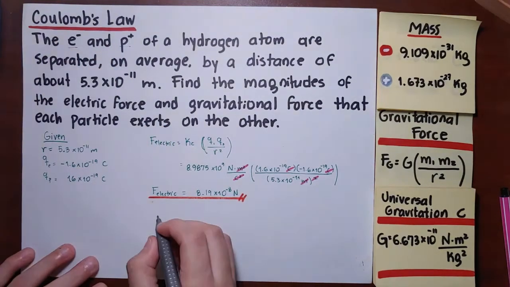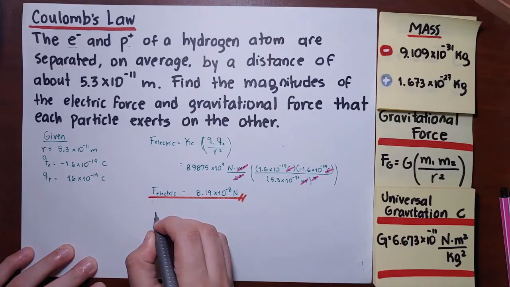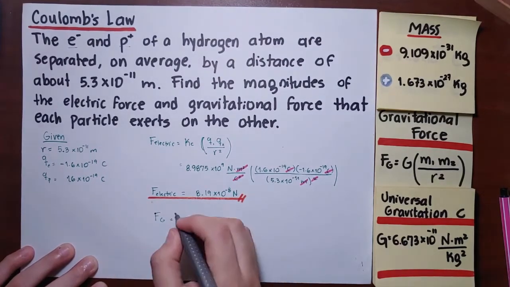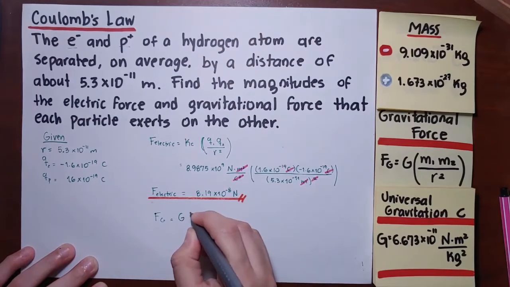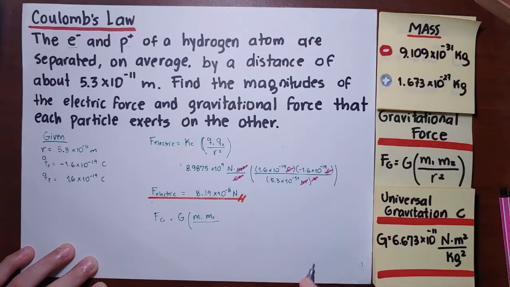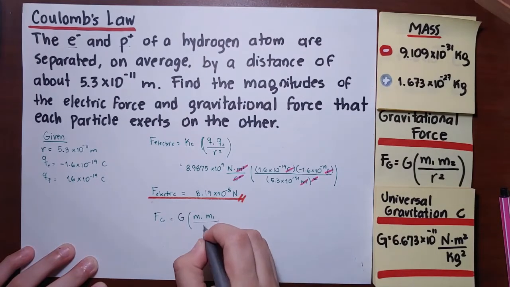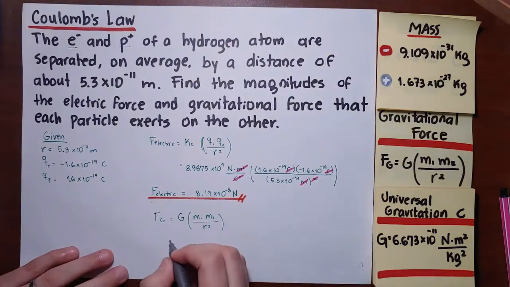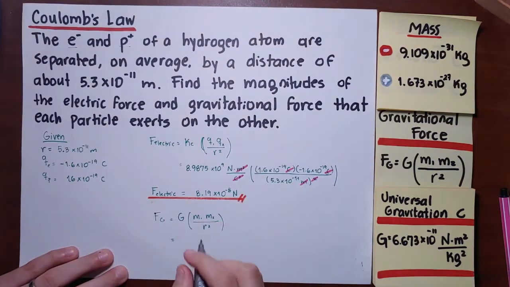So, to calculate the Fg, or gravitational force, we need G mass 1 mass 2 divided by the distance between the particles to the second power. So we're just going to plug in the givens.